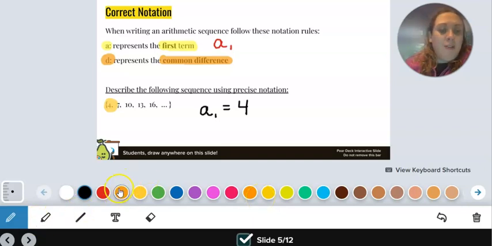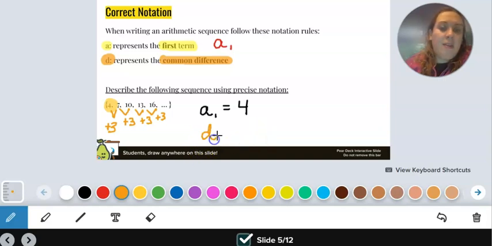Our common difference, well, to go from 4 to 7, it's getting bigger, so we're adding a positive 3. And then you just want to check to make sure it works for the other ones. 7 plus 3 is 10. 10 plus 3 is 13. 13 plus 3 is 16.